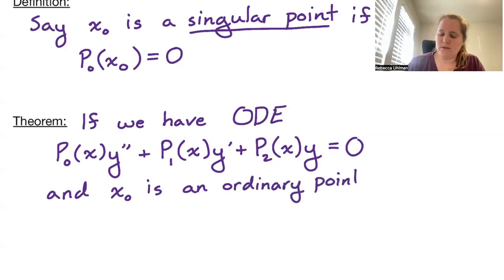So in other words, P0 of x naught is not equal to 0. Okay?